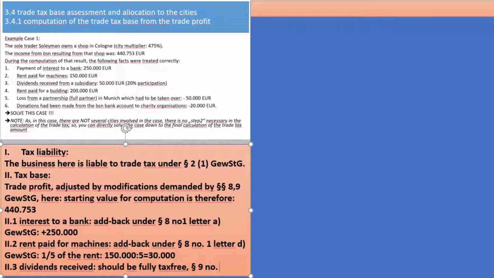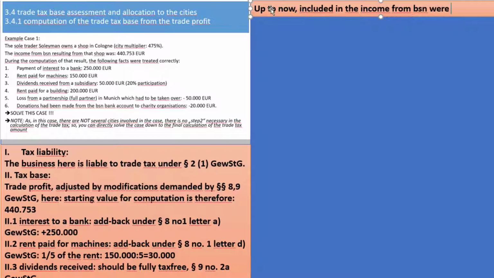Paragraph 9, number 2a of the Trade Tax Act. And so they should in the end be included with an amount of 0. Up to now, included in the income from business were only 60% of that dividend.